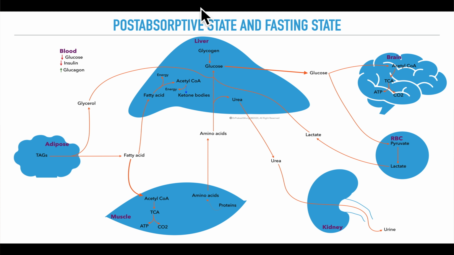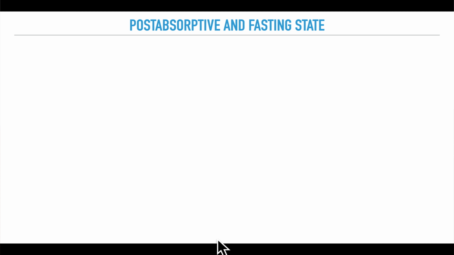Now, note that we are still in the post-absorptive and fasting state. That means not many ketone bodies are made right now, but the process has started already. Ketone body synthesis starts, and these ketone bodies slowly appear in the circulation, and some of them can start to be used by skeletal muscles. This is what happens under the post-absorptive and fasting state.